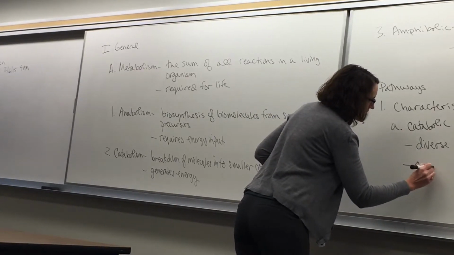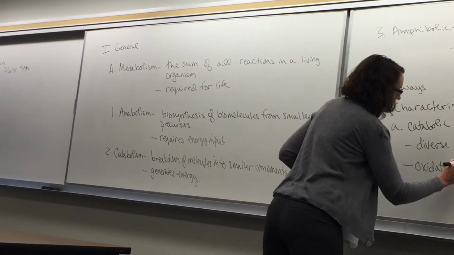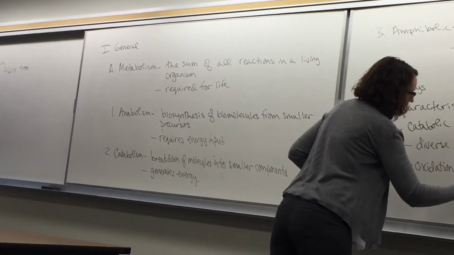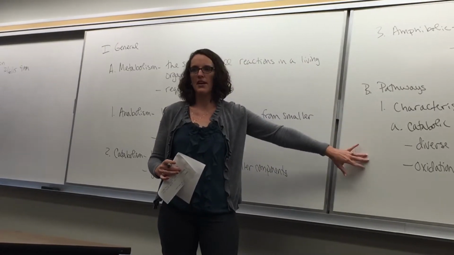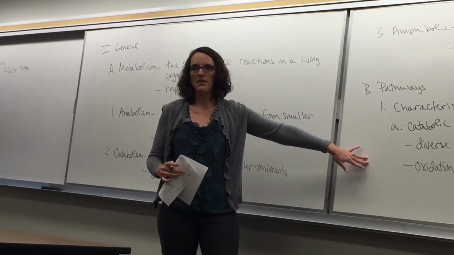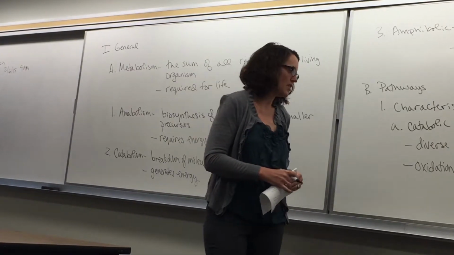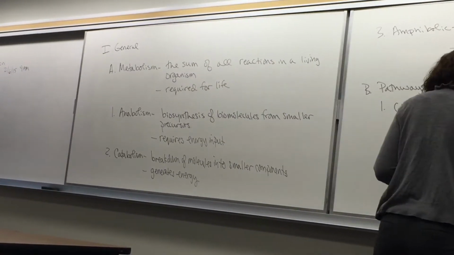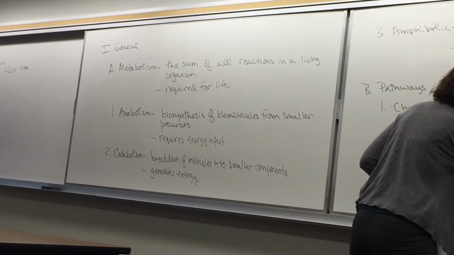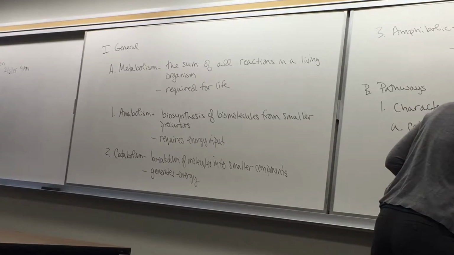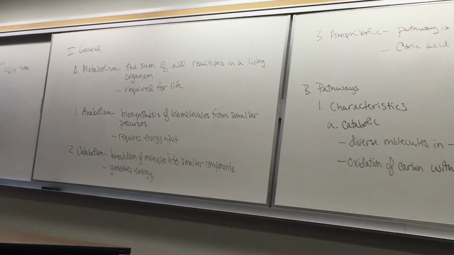Another part to this that we're going to talk about in much greater detail is that in general, when we're looking at a catabolic pathway, we're looking at oxidizing carbon. And by oxidizing our carbon, we are going to be able to release some energy. So that's going to be a very common characteristic that we're going to see.